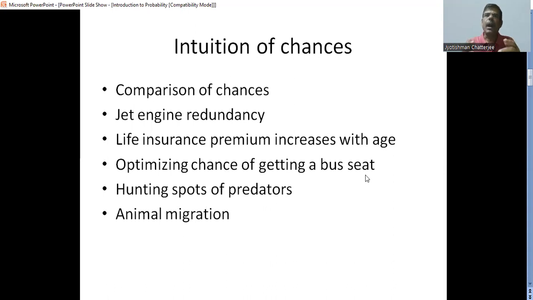Probability talks about how to calculate such things. That's the detailed way or scientific way of handling it. But even without calculation, we have some fairly good idea about comparing chances of different events. Let's get into some examples.